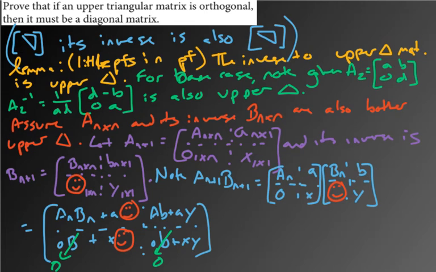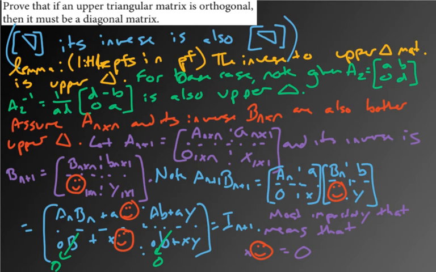So we know, since these two things are inverses, that this whole thing should equal the n plus 1 identity matrix, right? And most importantly, that means this bottom left corner, this x times my evil smiley face, should equal 0.